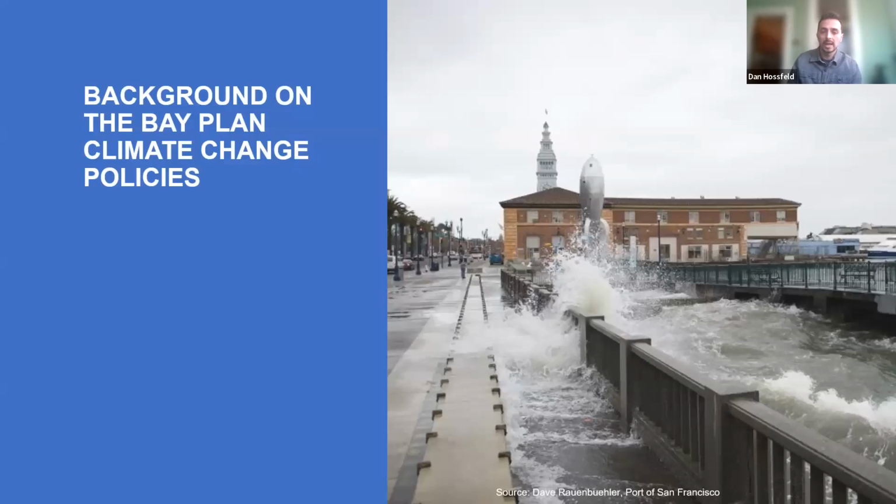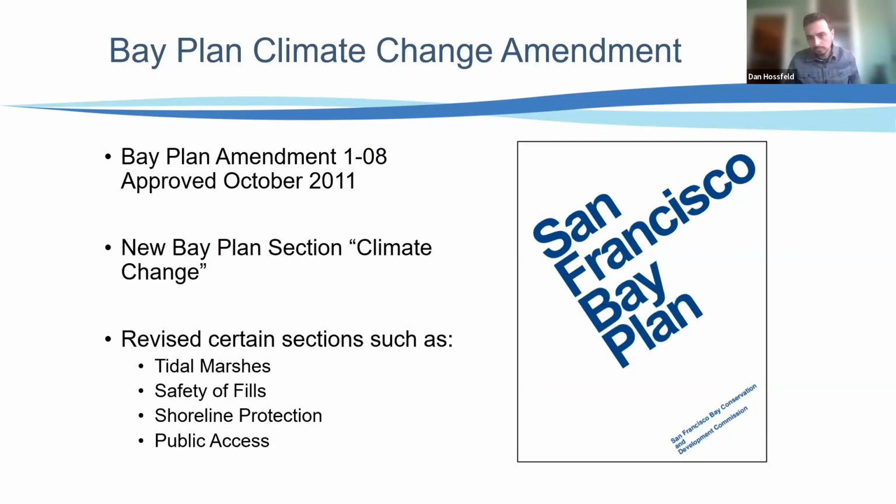So moving into the background of the Bay Plan climate change policies, as we touched on, there's the McAteer-Petras Act, which was enacted in 1965, which allowed for the development of the San Francisco Bay Plan, which provides the basis for BCDC's regulations. And in 2011, the Commission approved the Bay Plan Amendment to address climate change.